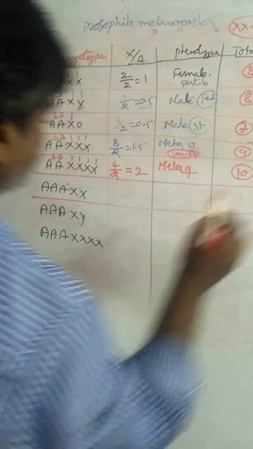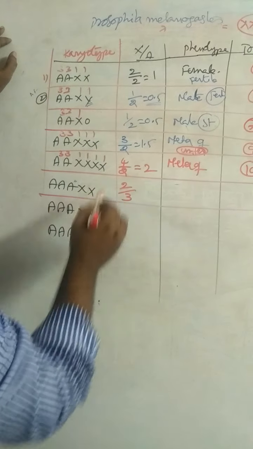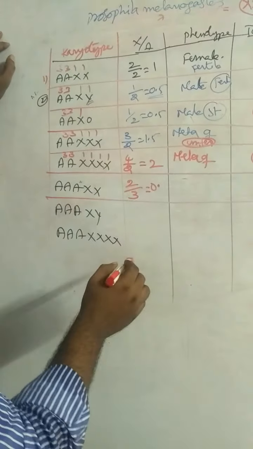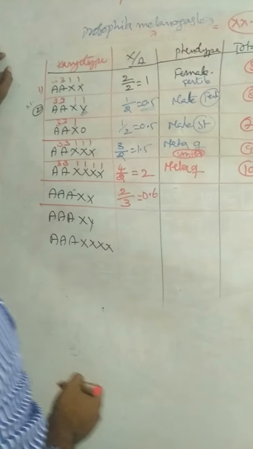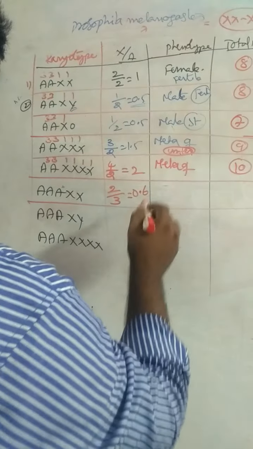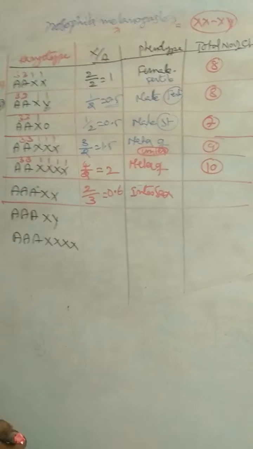6 plus 4, 10. And coming to next combination, here 2 X chromosomes by 3 autosomes. 2 by 3, that is equal to 0.6. That means between 0.5 and 1. So it is an intersex. Phenotype is intersex.